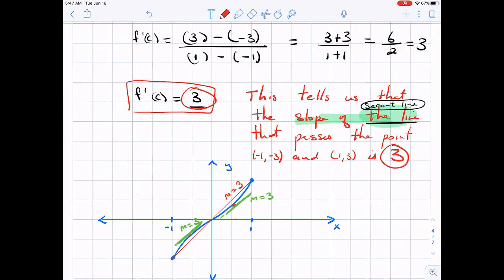The mean value theorem says that if f is continuous in the closed interval and differentiable in the open interval, there exists a c where the slope of the secant line is the same as the slope of the tangent line. And that's all we have to cover in this section.